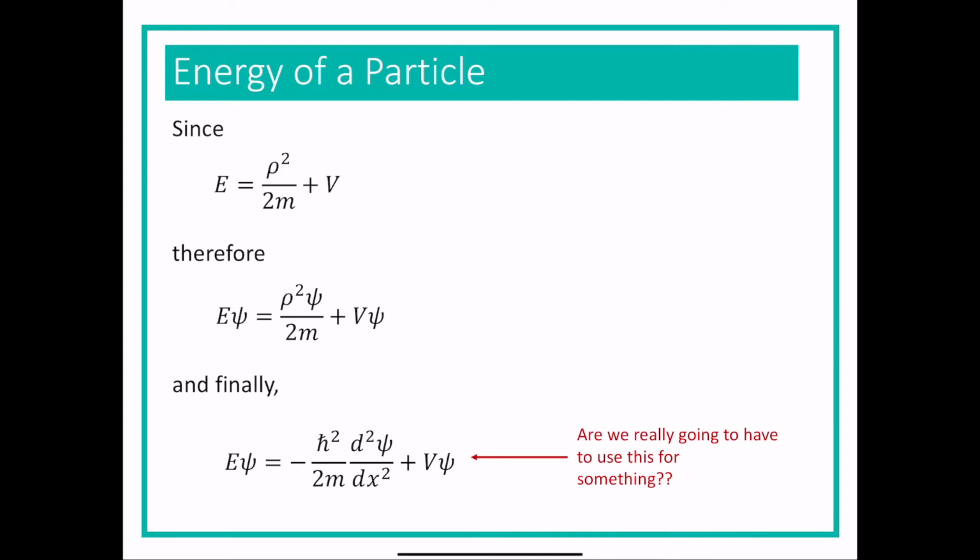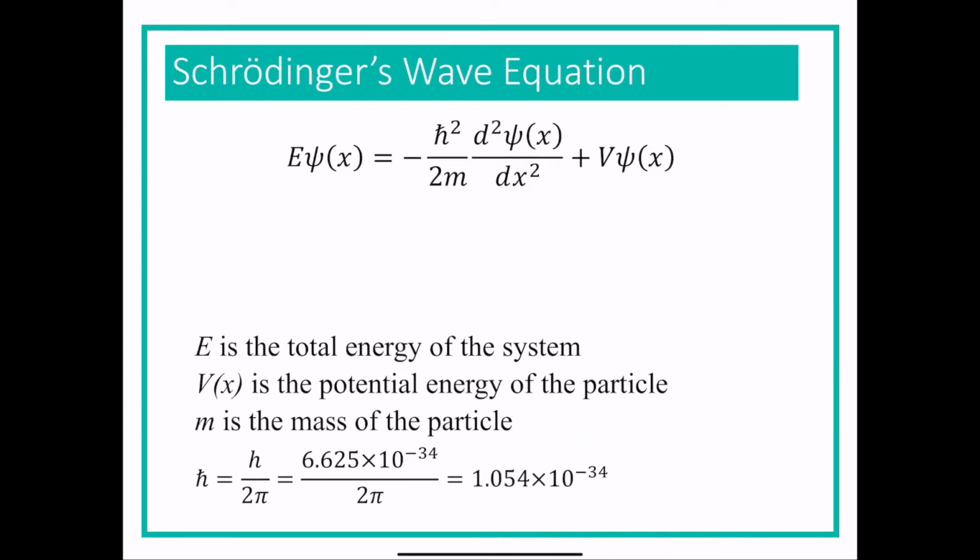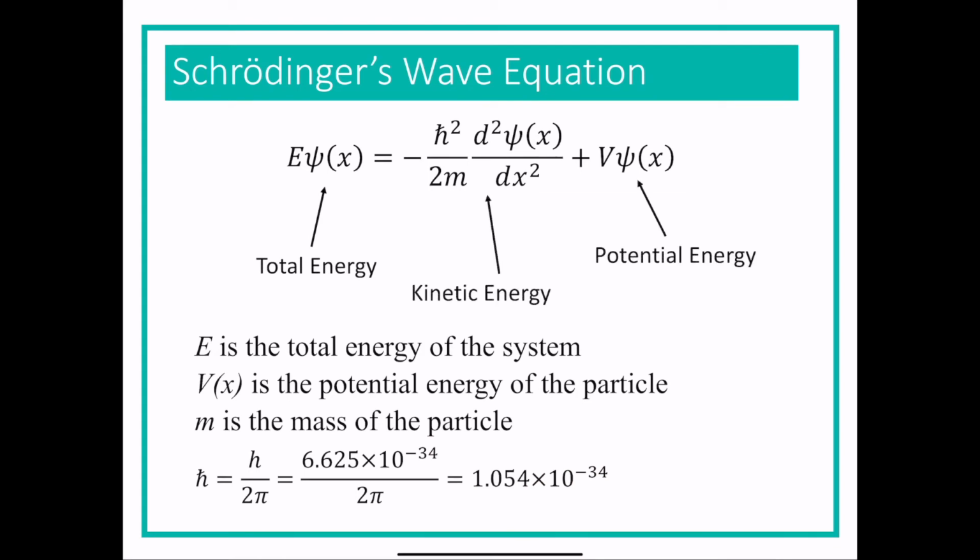So, this is known as Schrödinger's wave equation. The guy who was sorry he had anything to do with quantum mechanics. He developed this equation to describe the momentum or movement of electrons. And basically, what this is saying is the total energy is equal to the potential energy plus the kinetic energy.